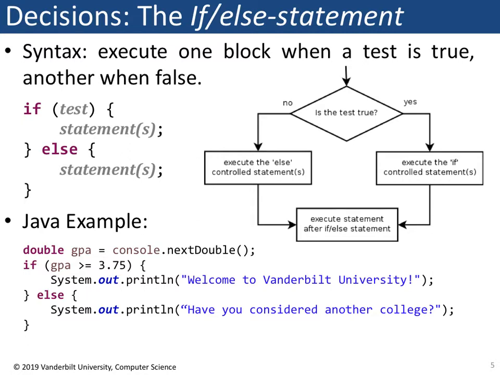If GPA is greater than or equal to 3.75, this expression will evaluate to true. And if the GPA is less than 3.75, this will evaluate to false.